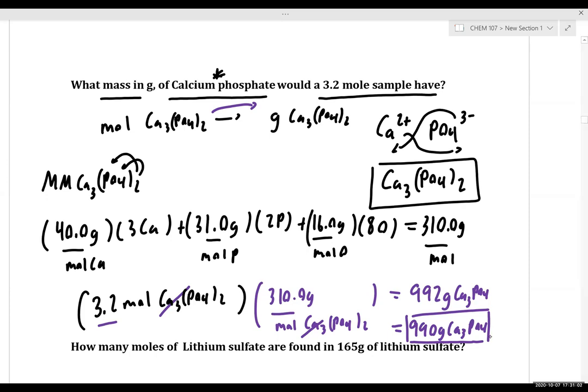Does this example make sense? The only thing that's new here is that you have to apply your previous nomenclature skills towards figuring out the formula of your compound. Does that make sense?